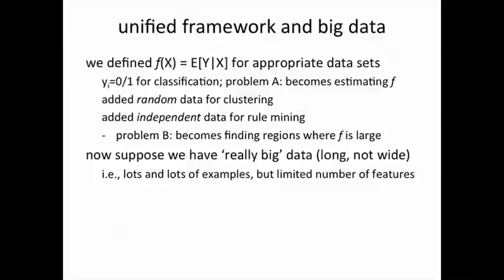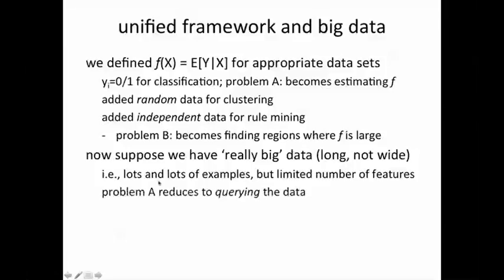But in things like transactions, with a small number of features typically found in traditional data sets, the data is very long, and if you start storing lots and lots of transactions, you can get big data in this sense.